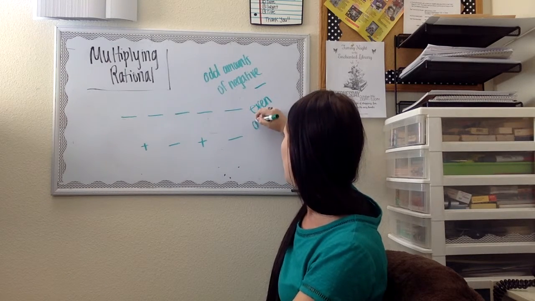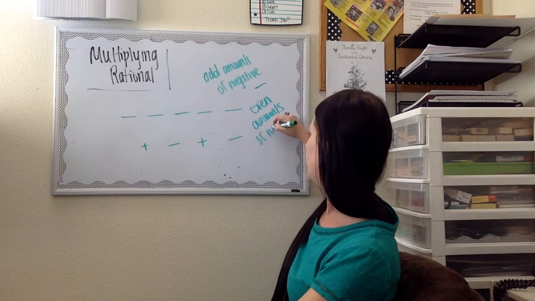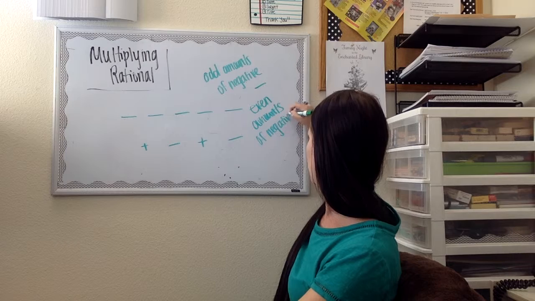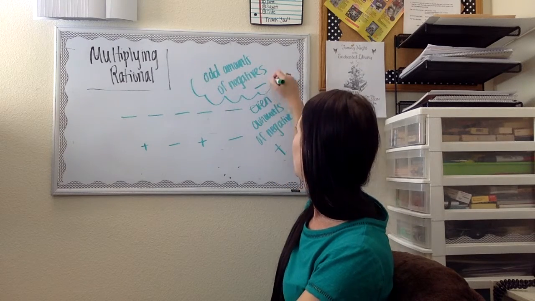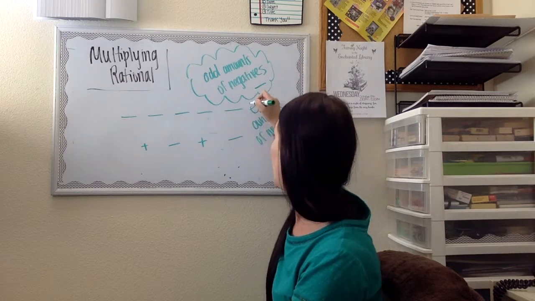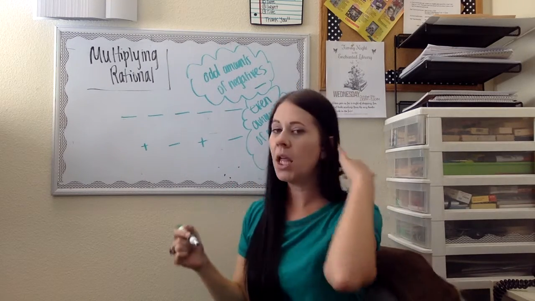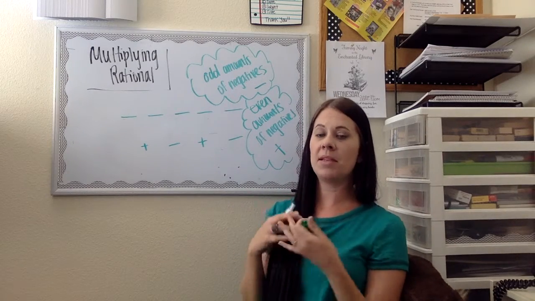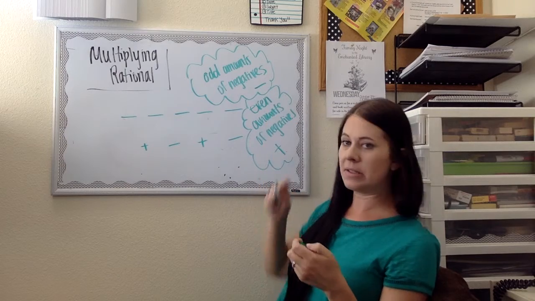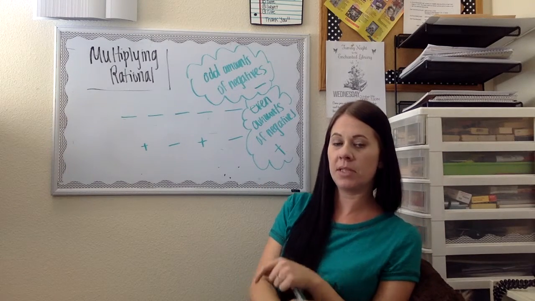Even amounts of negatives give you a positive. So maybe you write that down. Well, not maybe. Definitely write that down and remember that. If you look, our original example had 3 numbers that were all negative, and because it's odd, your answer turned negative. So pause and write that down. That's really important that you see that pattern.